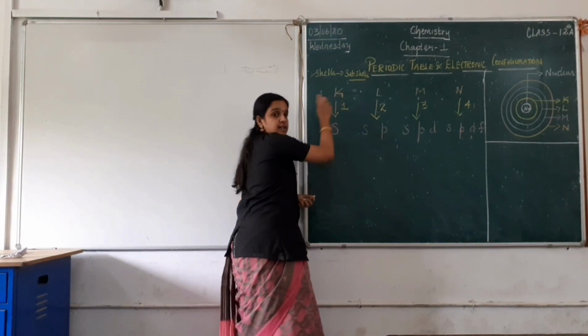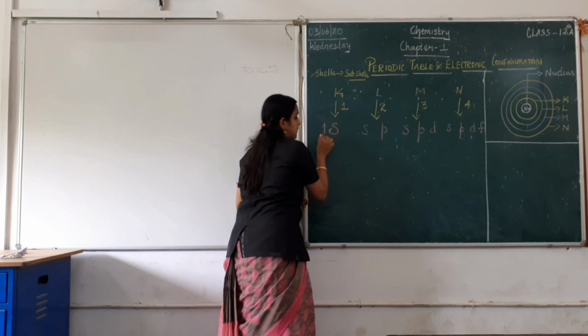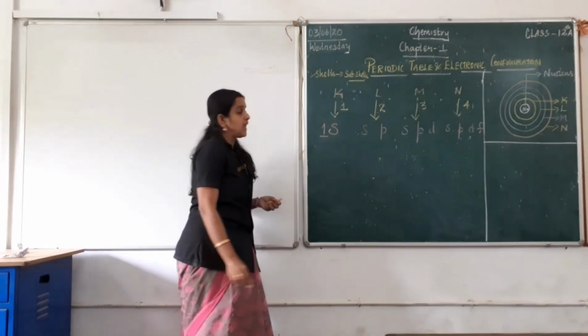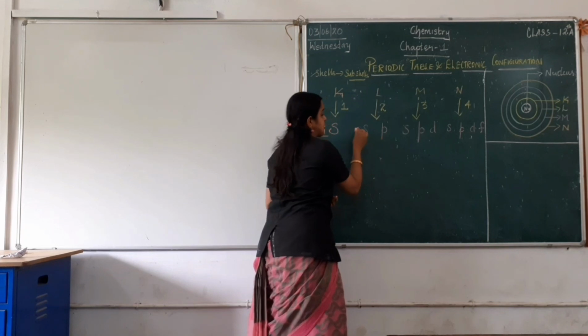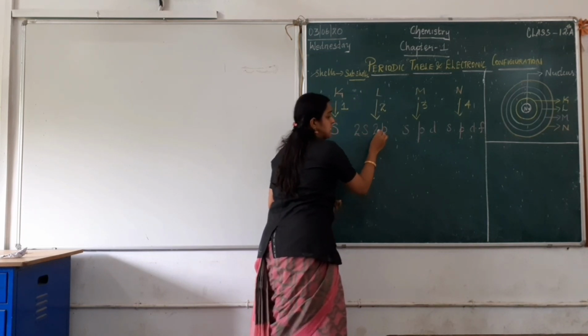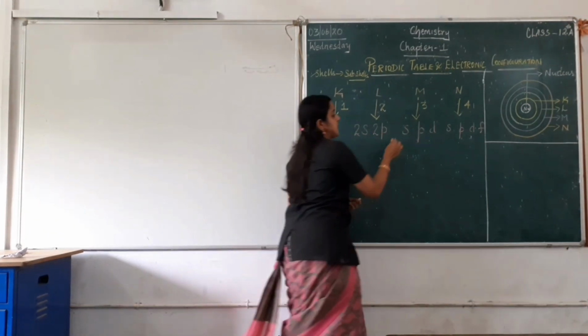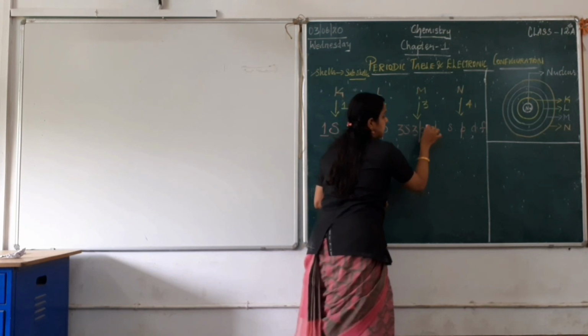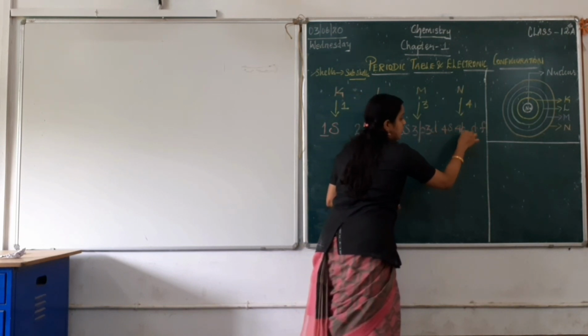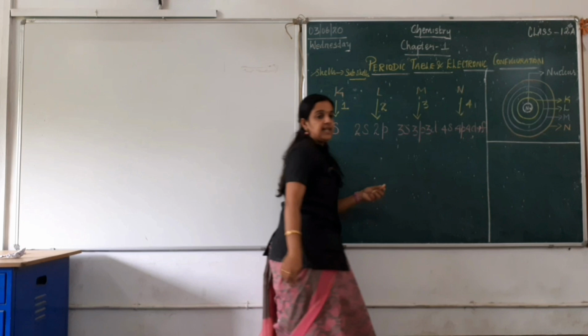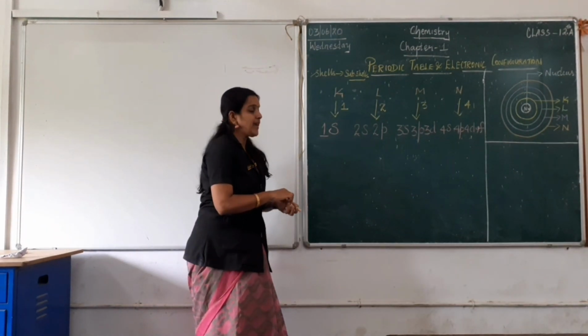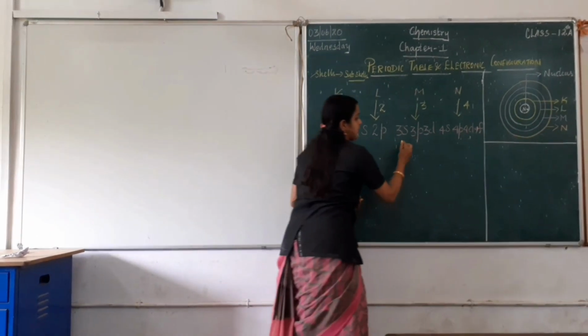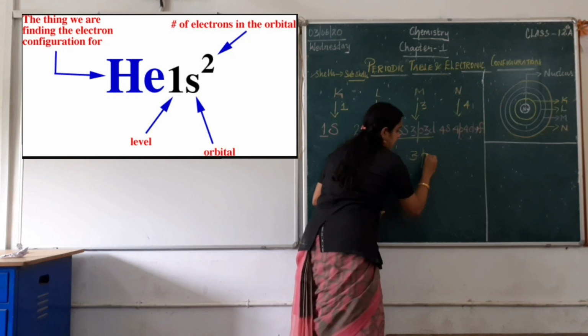Subshells that belong to the first energy level, we call them 1s. If it belongs to the second energy level, we call it 2s, 2p. Similarly, we go for the third energy level and also the fourth energy level. Now what do we understand from this? Let us take an example, 3p.